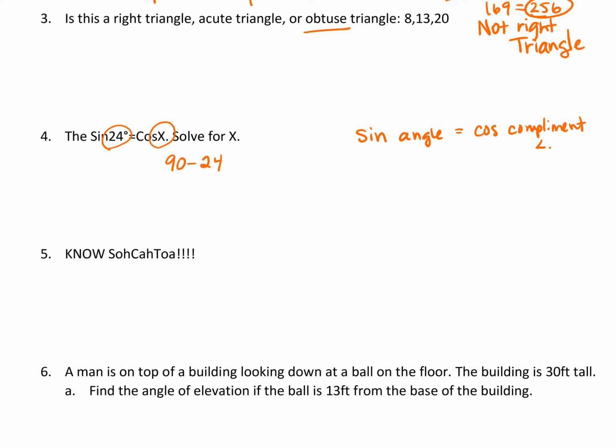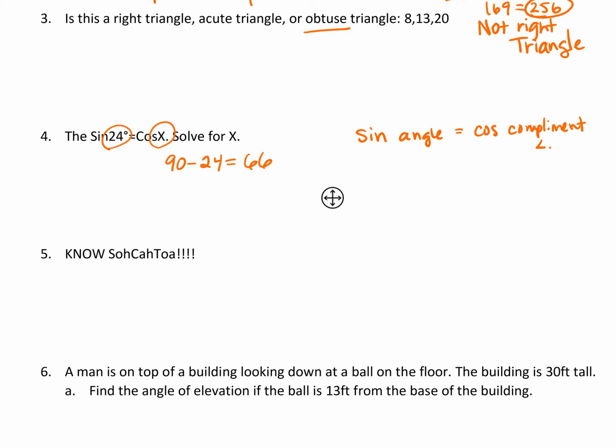Complementary angles equal 90 degrees. So I'm going to get that difference, and then a cosine would be, in this case, 66. And I should have used a different example, but I forgot. So there you go. That one is sine of an angle equals the cosine of its complement, or you could say it the other way. Cosine of an angle equals the sine of its complement.